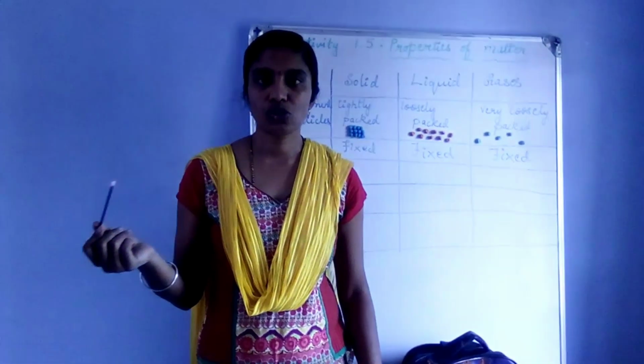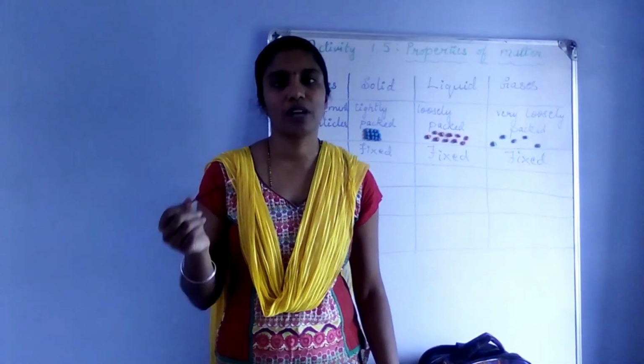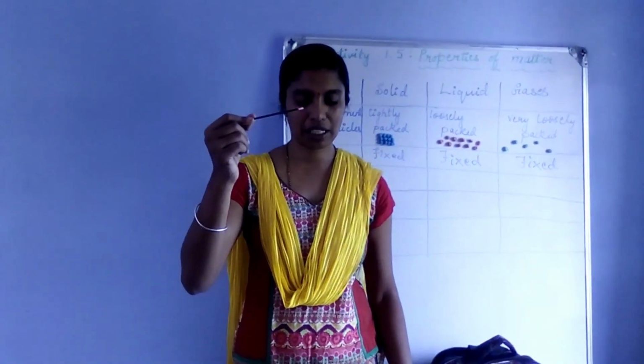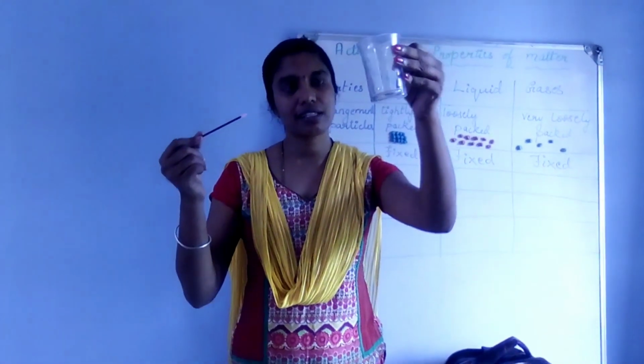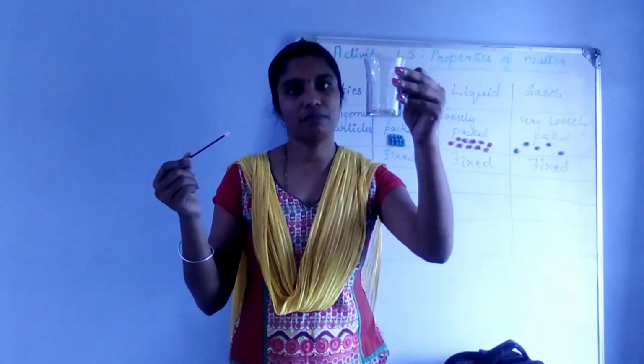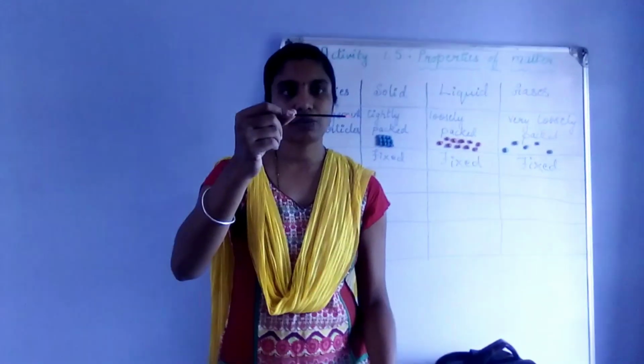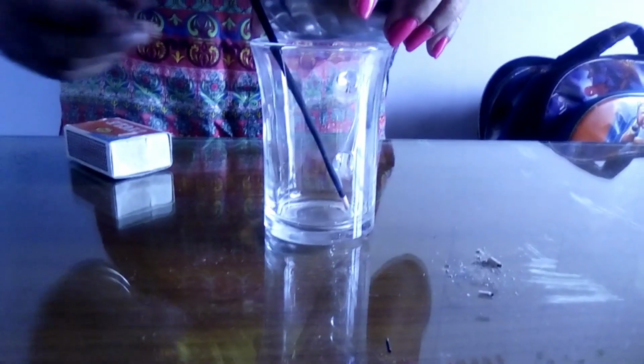To show that gases do not have a fixed volume, I have taken a burning incense stick and a glass beaker, around 150 to 200 ml. I will be collecting the gas which is coming from the incense stick in this glass beaker. I have taken a transparent one so that you can make out how gases flow inside the beaker.